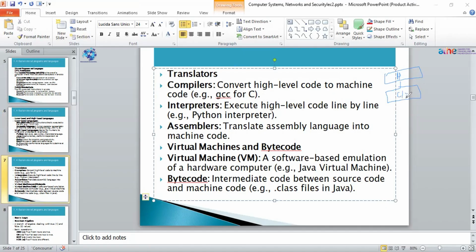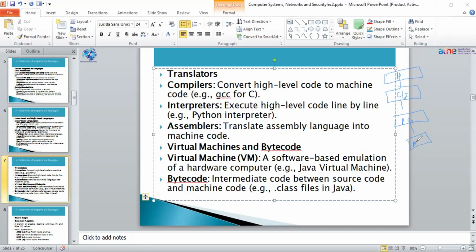It depends on what you use, whether you are using a compiler or an interpreter. After that, we have an assembler. Assembler is used to convert the code of assembly language into machine code. Then after the assembler, at the end, we have the object code, or you can say the machine code.